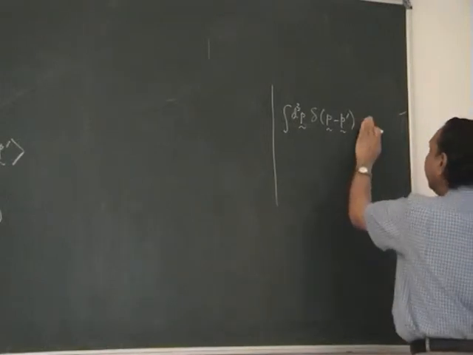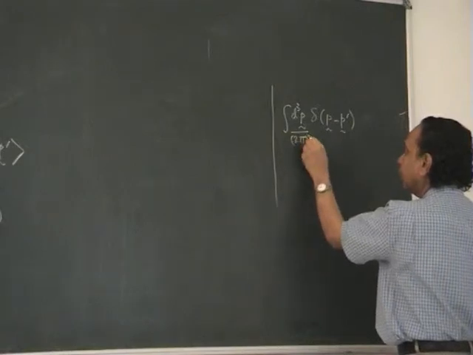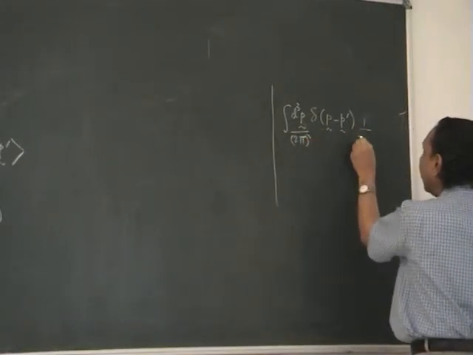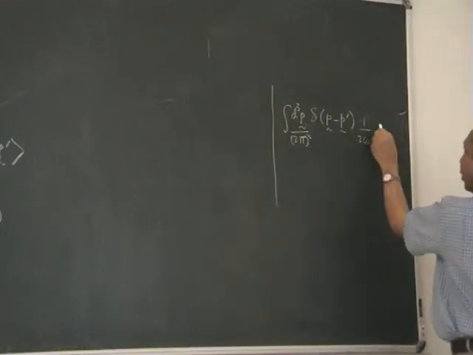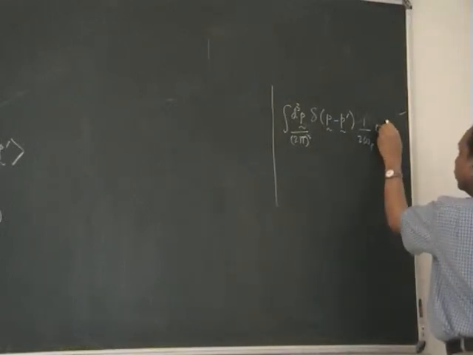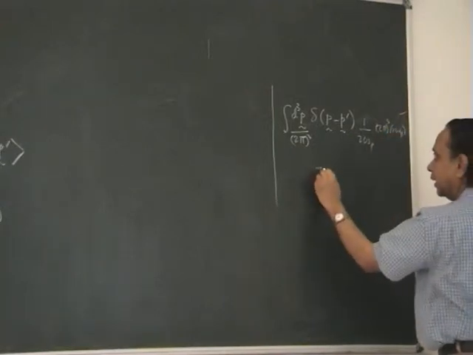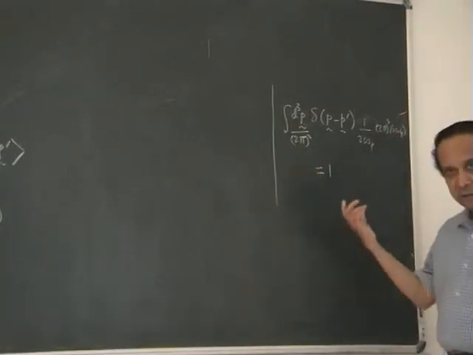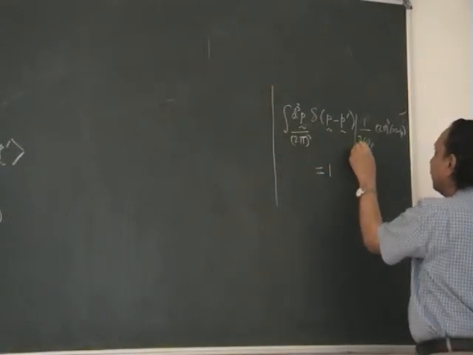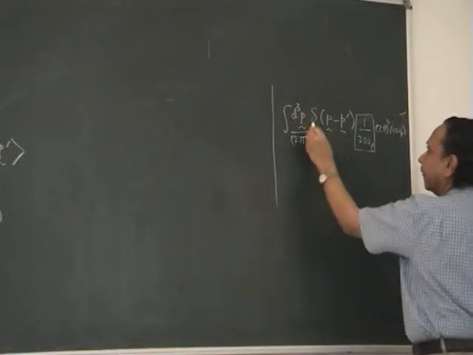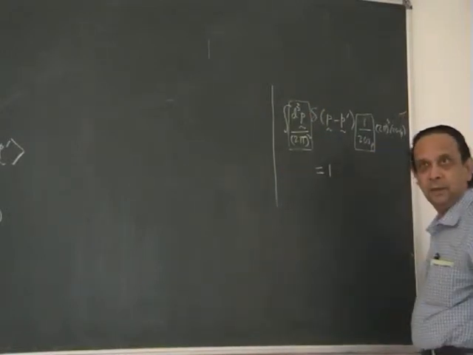Right? So if I put here 1 upon (2 pi) cubed and 1 upon 2 omega p, I have to multiply on top by exactly (2 pi) cubed and 2 omega p. This again continues to be 1 because I haven't changed anything. So this is d3p upon (2 pi) cubed 2 omega p, and this is my Lorentz invariant measure.